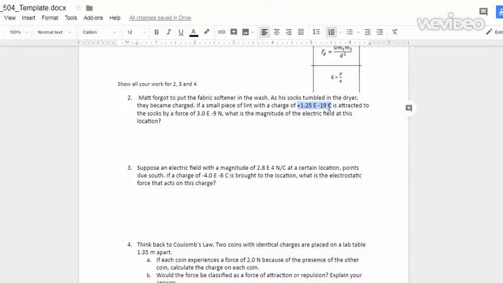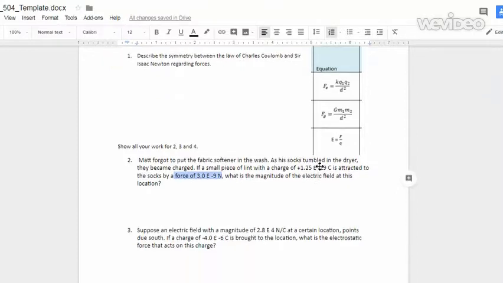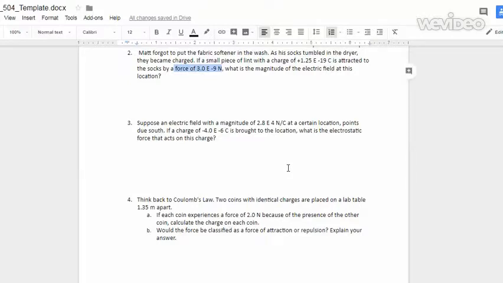For example, measurements in Coulombs, capital C, are charge, which is the variable Q. Measurements of force are measured in newtons, which would be the variable F. What you'll need to do is determine if the first equation, Coulomb's law, or the electric field equation is the appropriate equation. Do your best to work these out, and if you do have questions, whether it be the setup or the algebra, please reach out to your teacher.